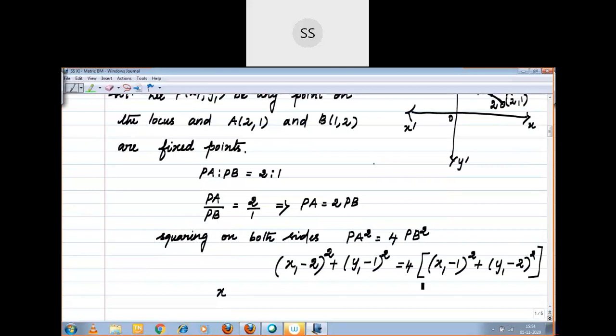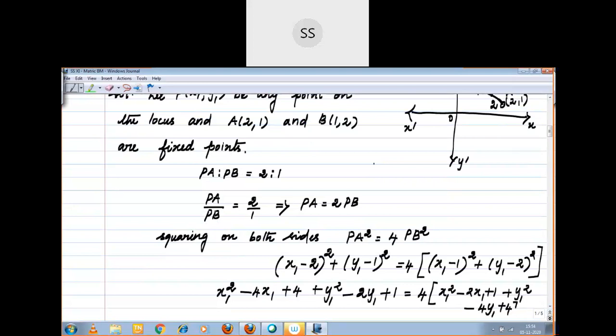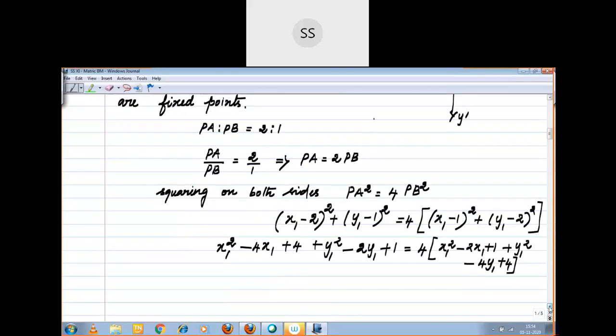Now, using the (a minus b) the whole square identity, we are going to expand both sides. x1 square minus 4x1 plus 4 plus y1 square minus 2y1 plus 1 equals 4 into (x1 square minus 2x1 plus 1 plus y1 square minus 4y1 plus 4).